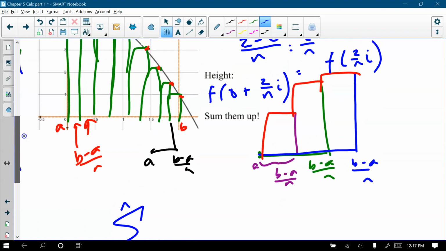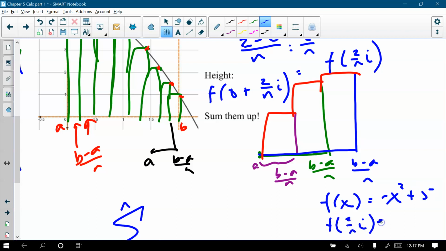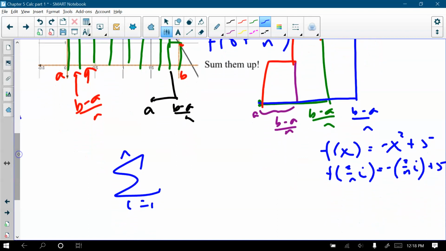Okay, now f of 2 over n i. Well, f of x was equal to negative x squared plus 5. So f of 2 over n i is equal to, oh boy, negative 2 over n i squared plus 5, which is equal to negative 4 i squared over n squared plus 5.